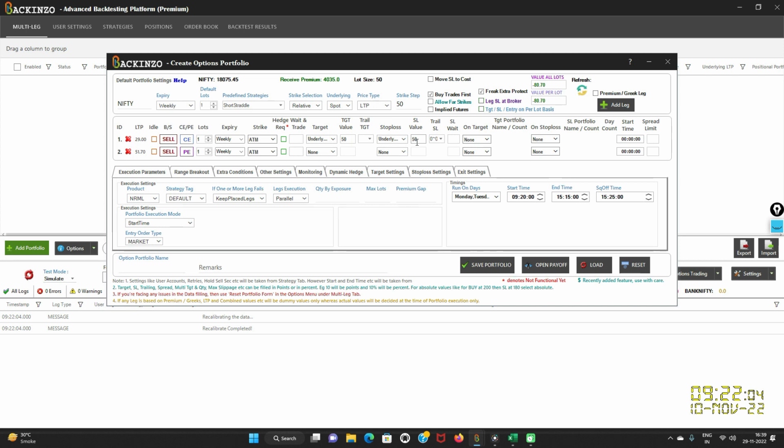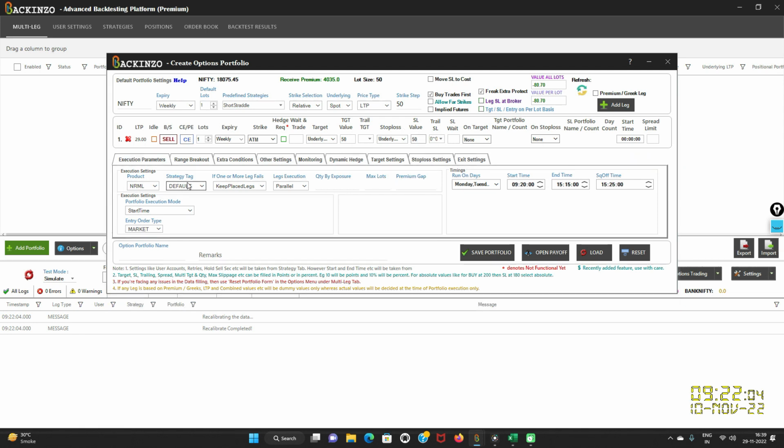But the scenario will change when we are working with the combined leg movement on the basis of an underlying and setting up target and stop loss accordingly. That I'll showcase in case 2. So I'll quickly save this portfolio. I'm removing this leg, I just want to showcase how it works. As you can see, it's a sell leg, call sell.